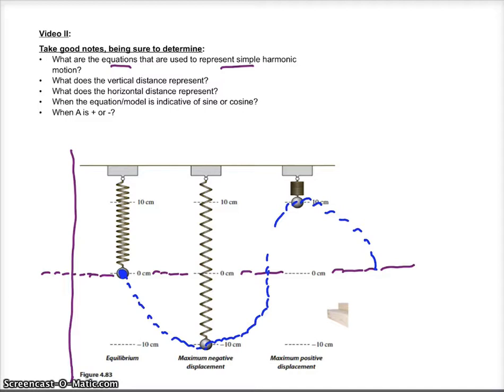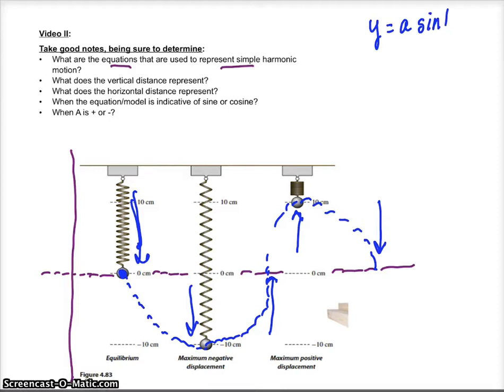So assume that here it's at equilibrium, it's going down, it's starting to go back up. At this point it's at its maximum, and then it's coming back down to equilibrium. So you can see that this blue pathway looks like a sine curve. So sine is one type of function which we can use to model simple harmonic motion.